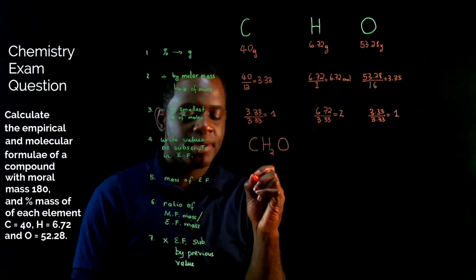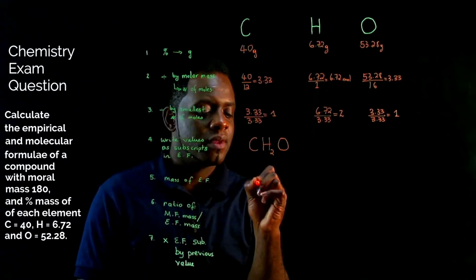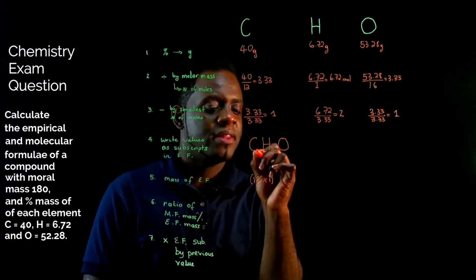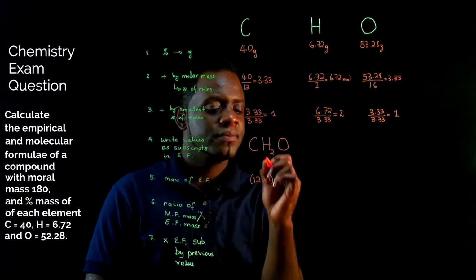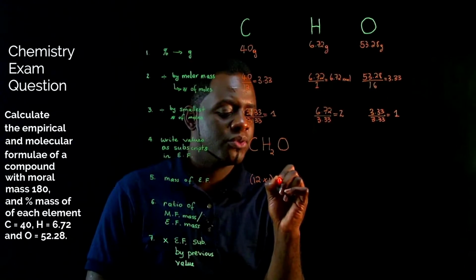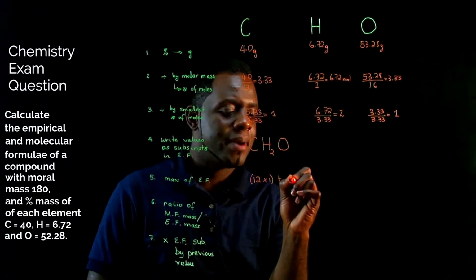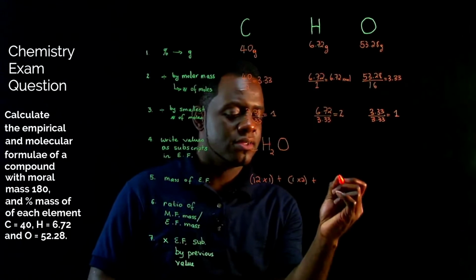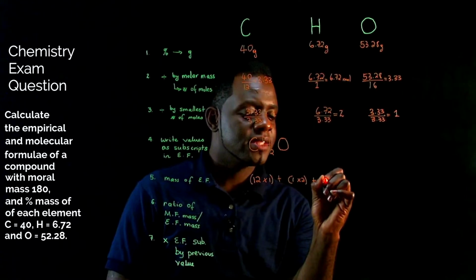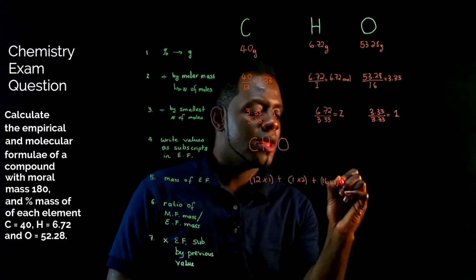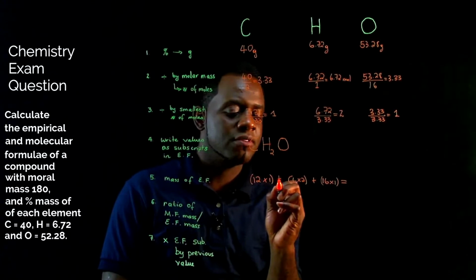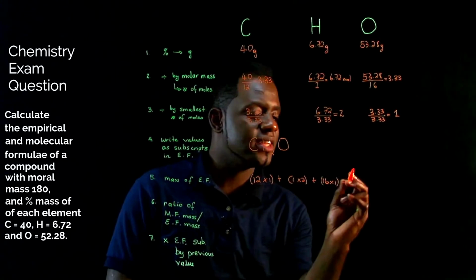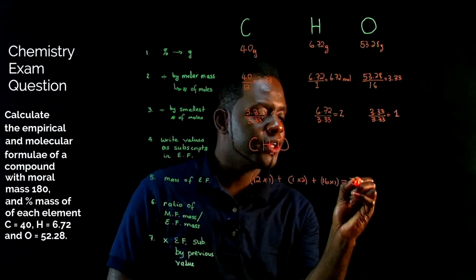So carbon is 12, there is only 1 carbon atom in the empirical formula, 2 for hydrogen, so we need to multiply the mass of hydrogen times 2, and 1 for oxygen, so we need to multiply 16 times 1, and that gives us 12 plus 2, that's 14, plus 16, that's 30.